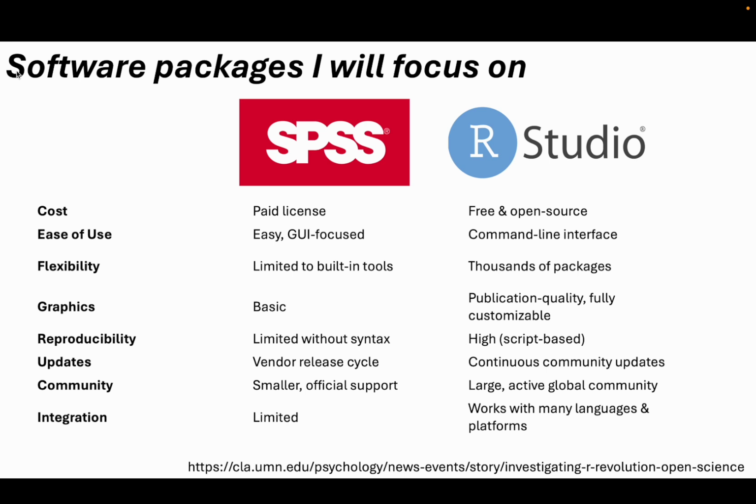In line with the continued development of open science in psychology and beyond, it's very difficult to reproduce things in SPSS. It does use syntax, but largely most people don't use it this way, whereas R and RStudio has very good reproducibility because it's script based.